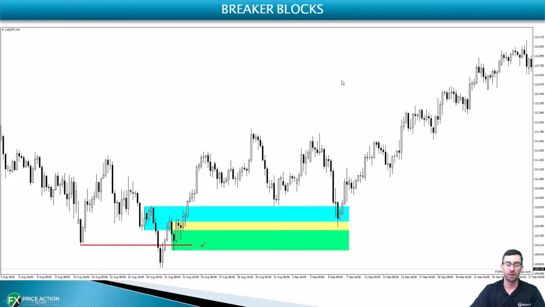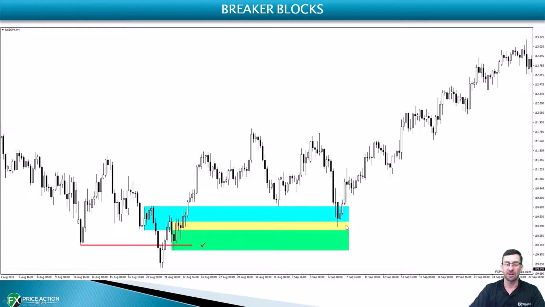And just looking at one more such example, this is again the USD JPY 4-hour chart. We had the market make this run up before, then the big run down, takes the liquidity, spikes up, makes the order block, and runs higher. Now, as you guys can see, I've marked the breaker block in blue, and I've marked the order block in green.